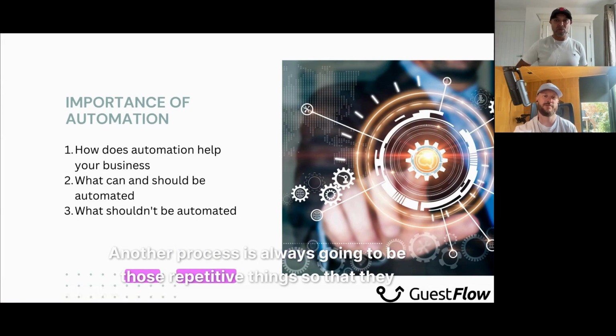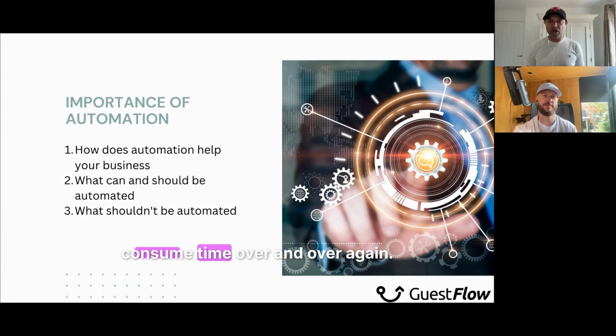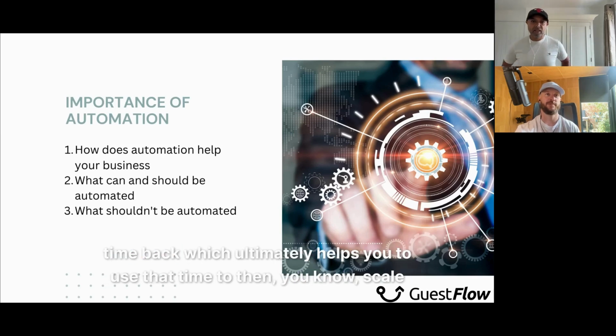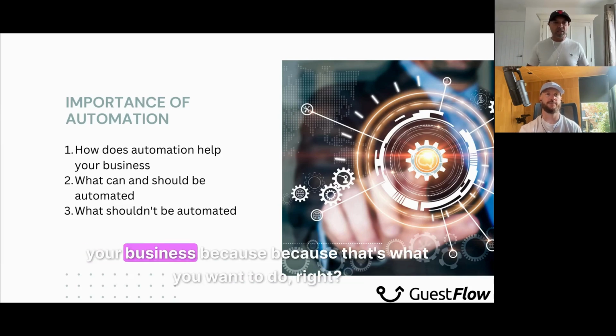They consume time over and over again. They're very standard. You always do the same thing. So that's a great thing that you can think about automating, and you get all of that time back, which ultimately helps you to use that time to scale your business, because that's what you want to do, right?